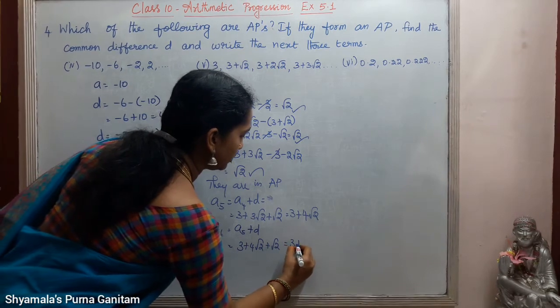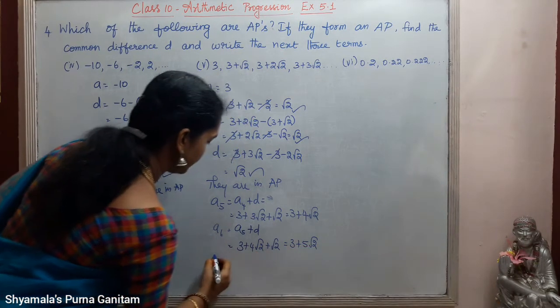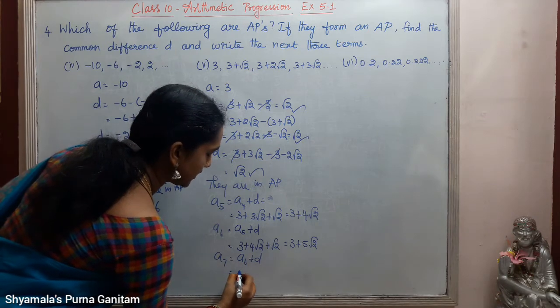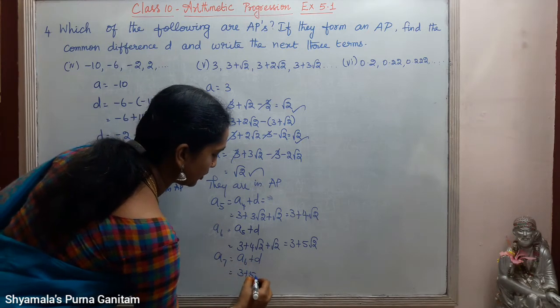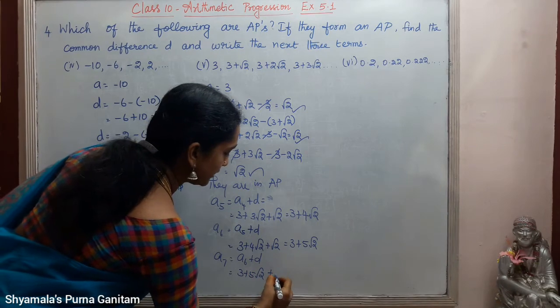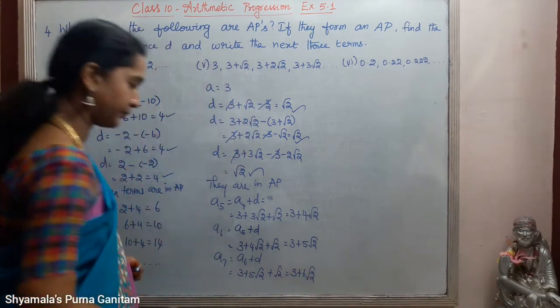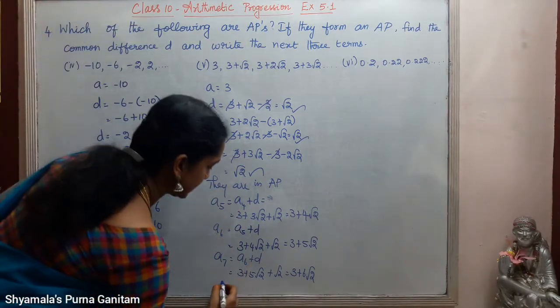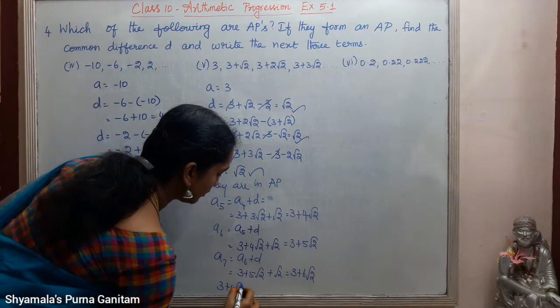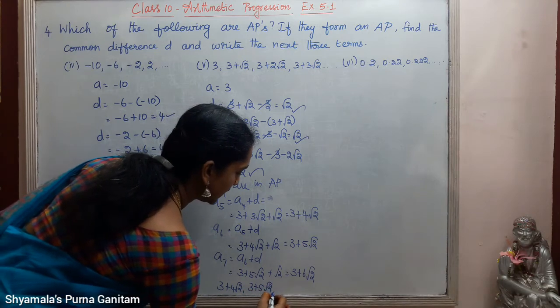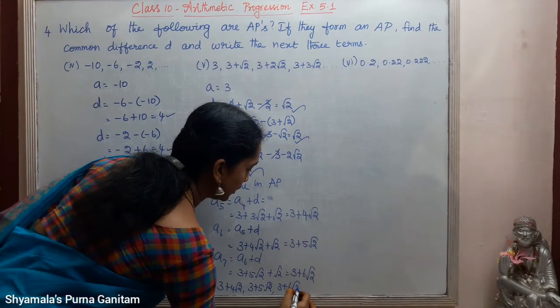So that is equal to 3 plus 5 root 2. A7 is A6 plus D. So A6 is 3 plus 5 root 2 plus root 2. So that is equal to 3 plus 6 root 2. So these are the next three terms: 3 plus 4 root 2, 3 plus 5 root 2, then 3 plus 6 root 2.